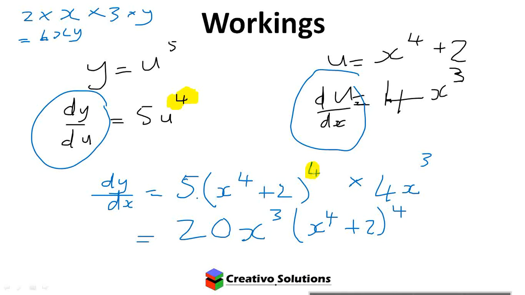That's when you're going to use it. For example, if you look at the question that I gave you, y equals brackets x to the 4 plus 2 to the power 5. As soon as you see that, you can already see, ooh, higher level, more complicated function. It's impossible to derive as is. I need to apply chain rule in order to derive it.